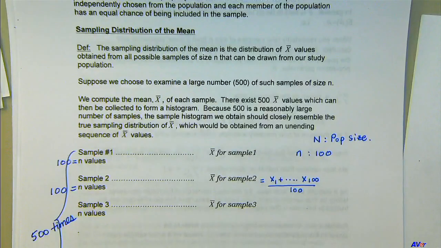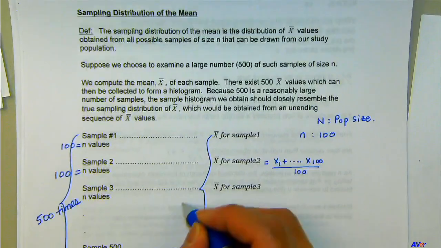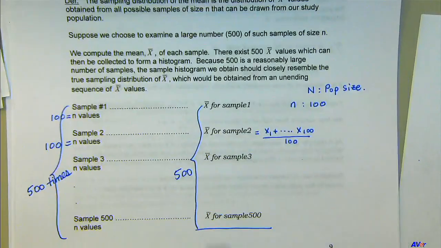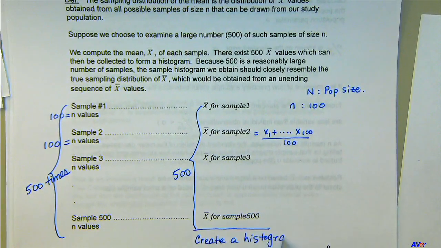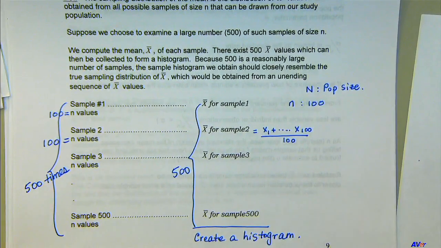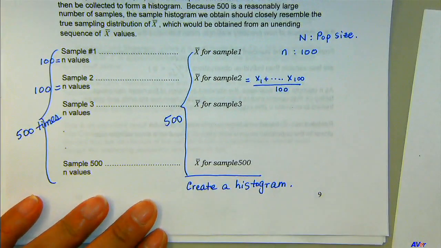So now I have 500 different X bars here, 500 of them. Take them and create a histogram. We know how to create a histogram with 500 values, right? You will find that something very beautiful happens.